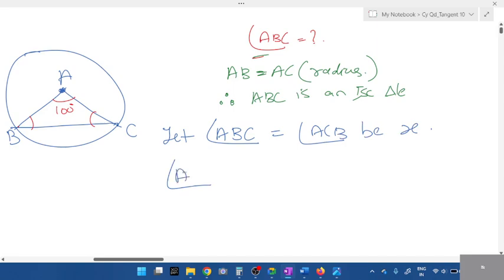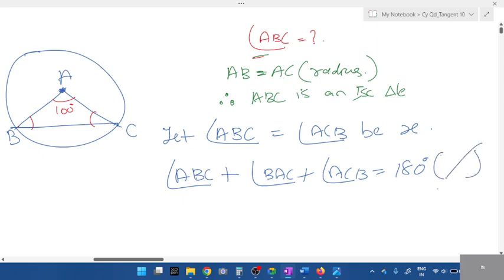Yes, that is what I'm writing next. Angle ABC plus angle BAC plus angle ACB is equal to 180. Now, here, if you want, you write the statement, or it is not required. Here, it doesn't matter.